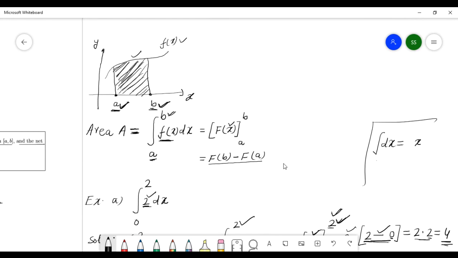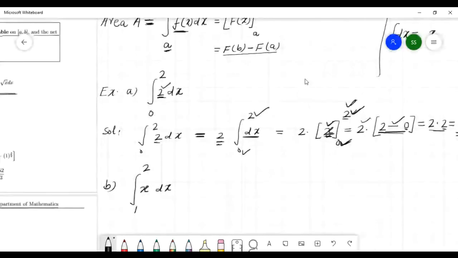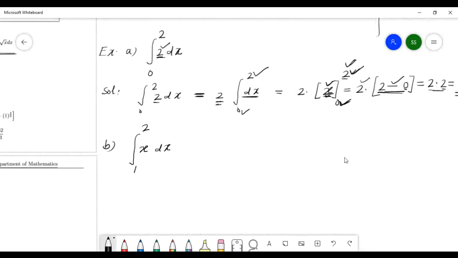So this a means x equals a, and this b means x equals b. This 1 here is the limit of x. This means x equals 1 and here x equals 2. Don't be confused, this is the meaning.